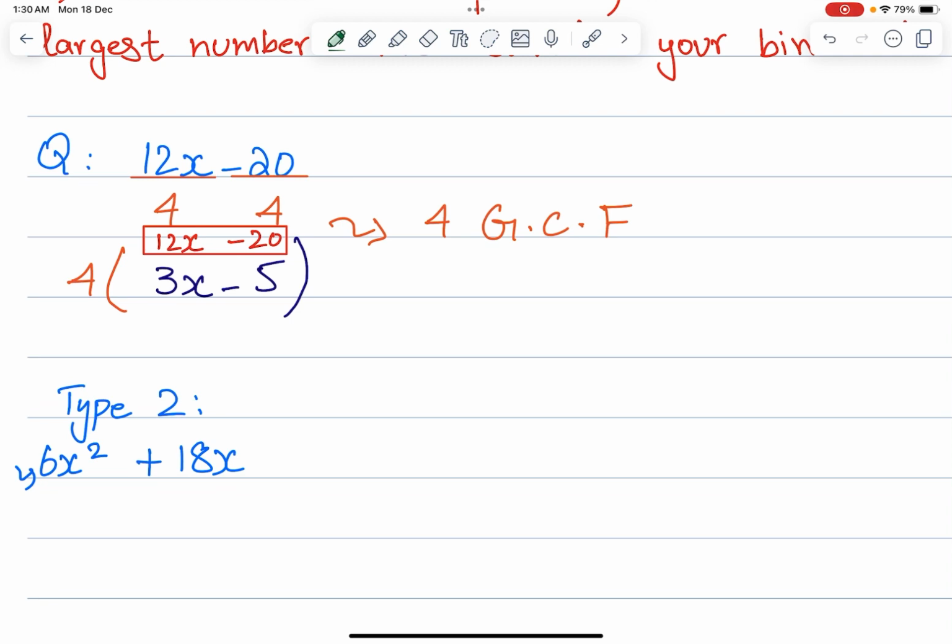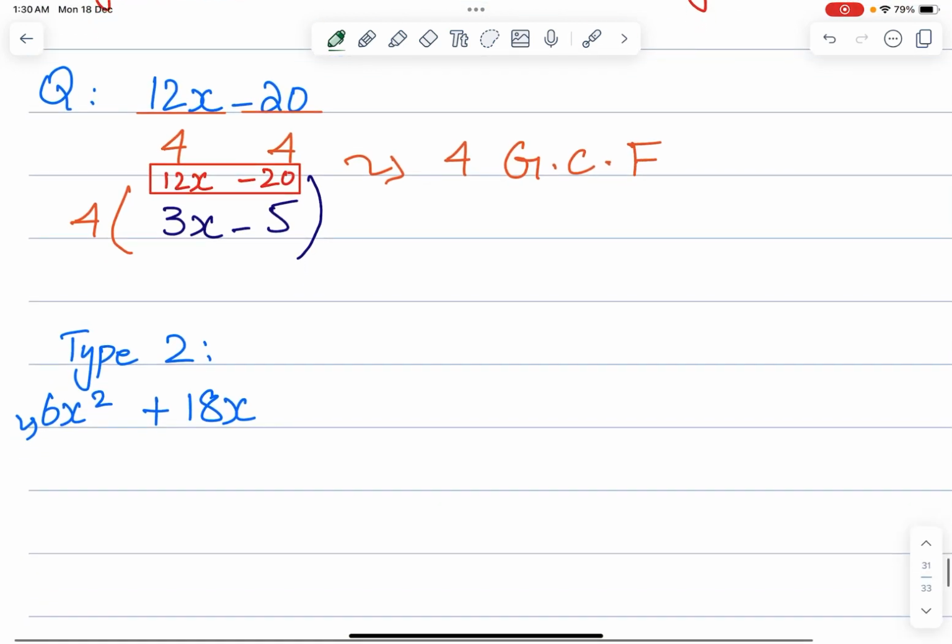So when you have two variables, you are just going to ignore the variables for a second. You're not going to ignore them throughout the question, just for a second. You're going to look at the numbers first, the constants first. You see 6 and 18. You look for the greatest common factor which can divide them. If you see 3, yes, 3 can divide both of them.